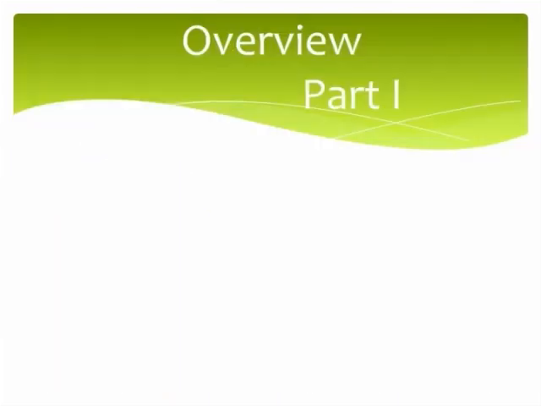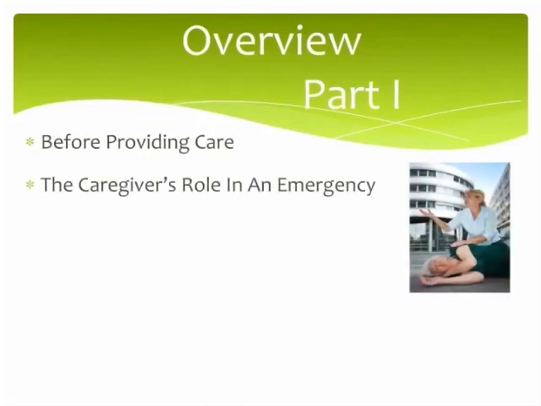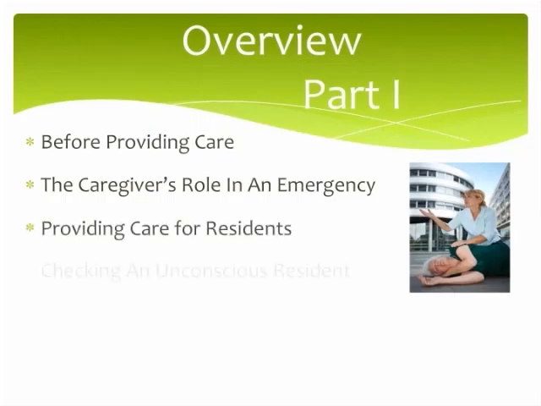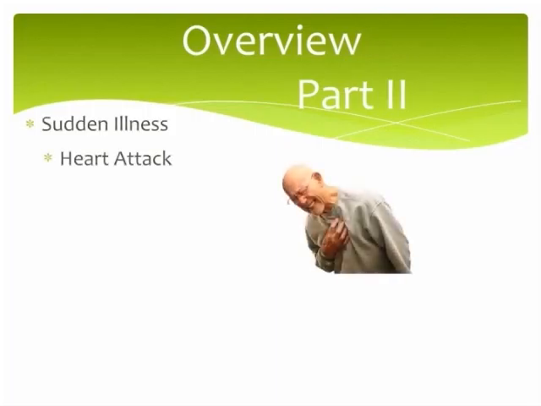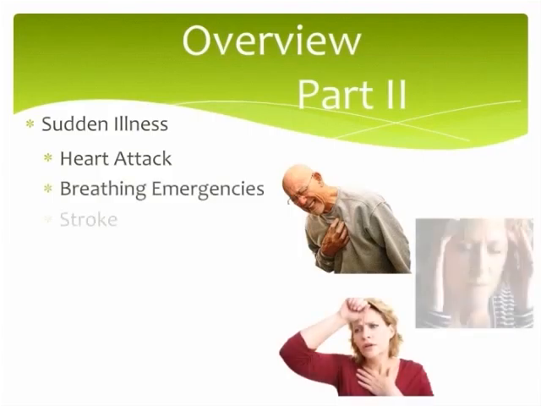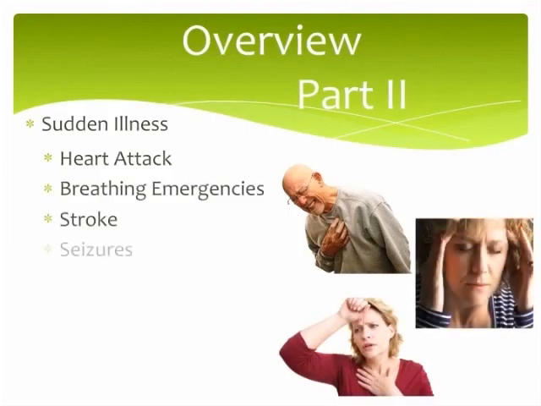In Part 1 of the presentation, we will discuss what to do before providing care, including a caregiver's role in an emergency. Next, we will discuss providing care for residents and checking an unconscious resident. In Part 2 of the presentation, we will discuss sudden illnesses, including chest pain and heart attack, breathing emergencies, stroke, seizures, and diabetic emergencies.